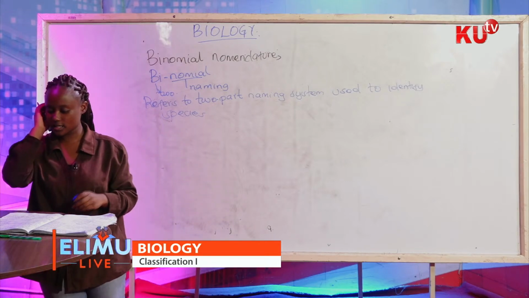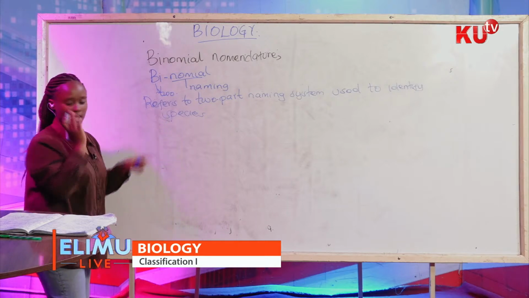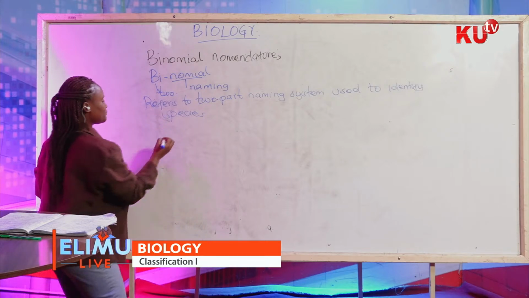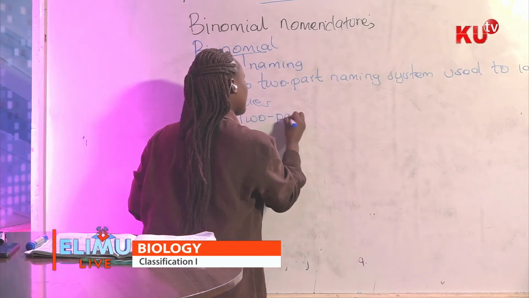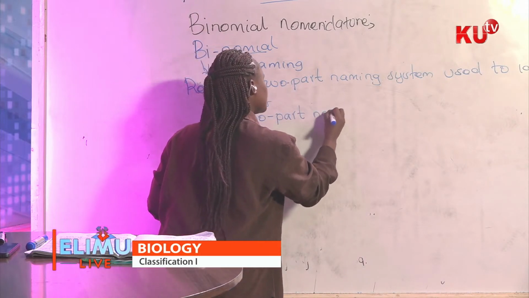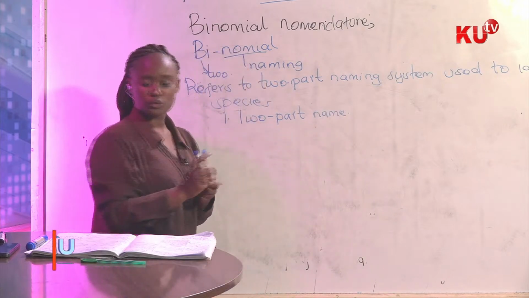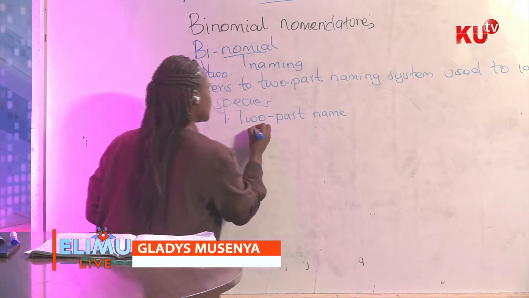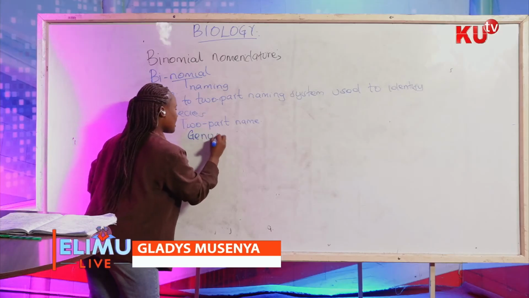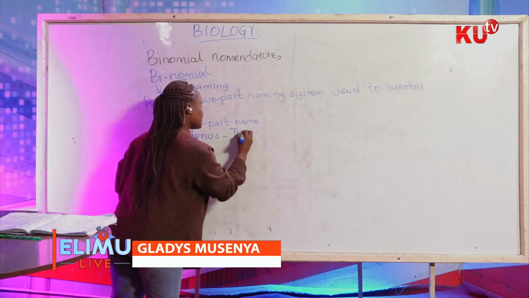So in this binomial, we have two-part name. In two-part name, we have genus, which is the first one. Genus. This is the first part.